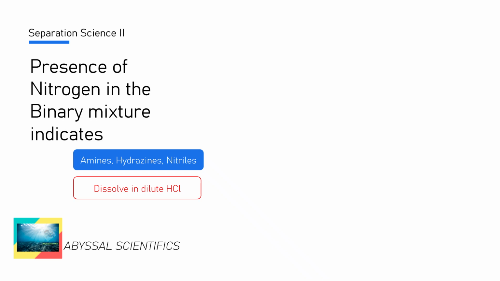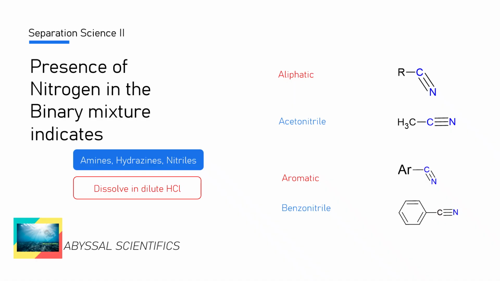If not amines and hydrazines, if the presence of nitrogen is confirmed, the binary mixture may contain nitriles, aliphatic nitriles such as acetonitrile, or aromatic nitrile such as benzonitrile.